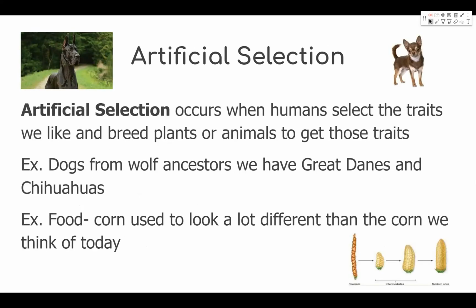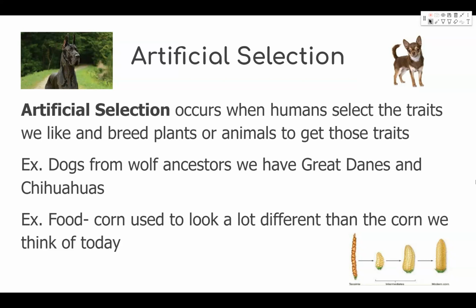This doesn't just happen in nature. We as humans do this too. But when we do it, we call it artificial selection because it's not happening naturally. We're doing it ourselves.